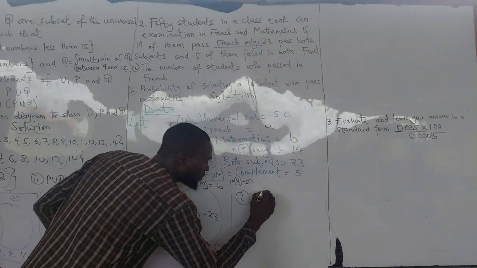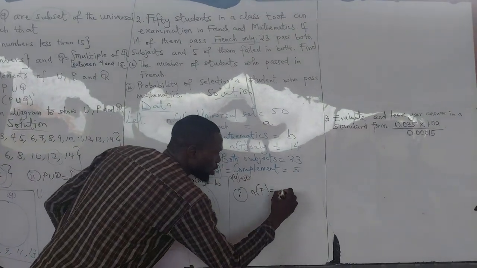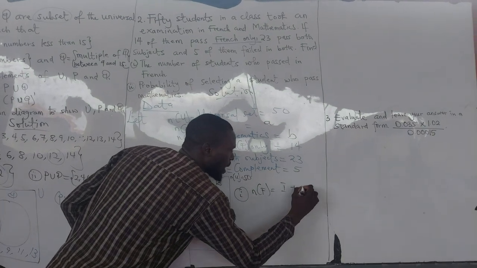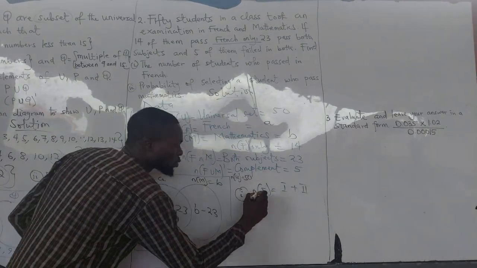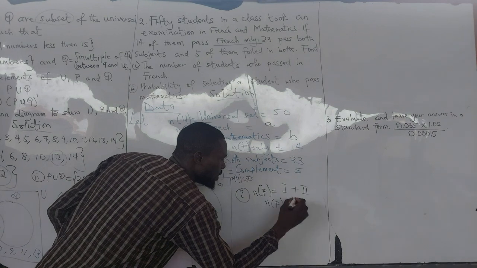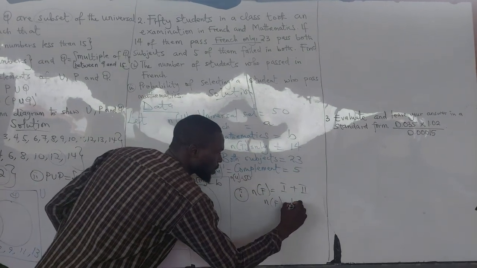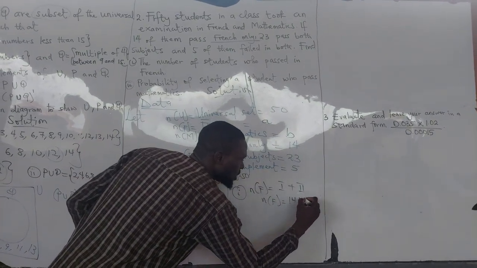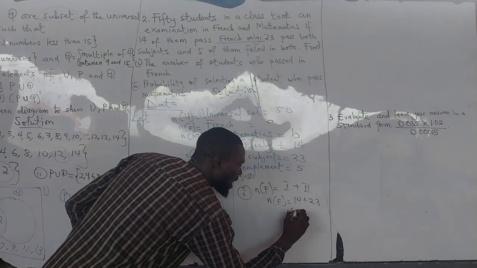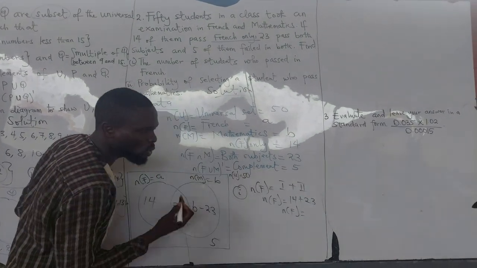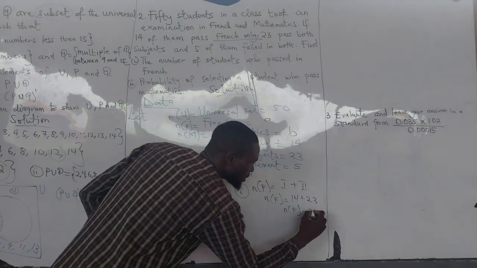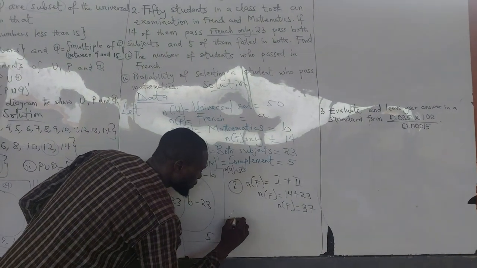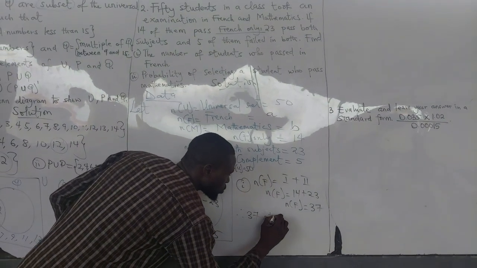So I can say the number F is equal to the region I plus the region II. So I have the number F to be equal to 14 plus 23. And you have the number F to be equal to what? 37.